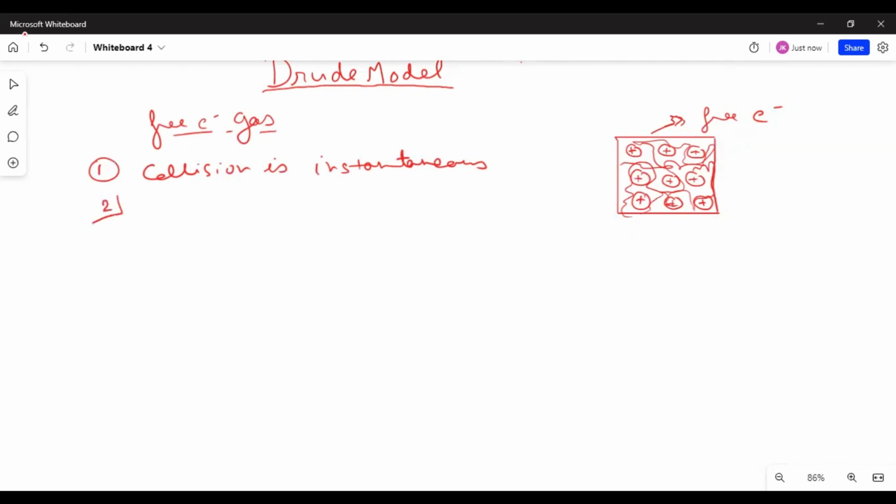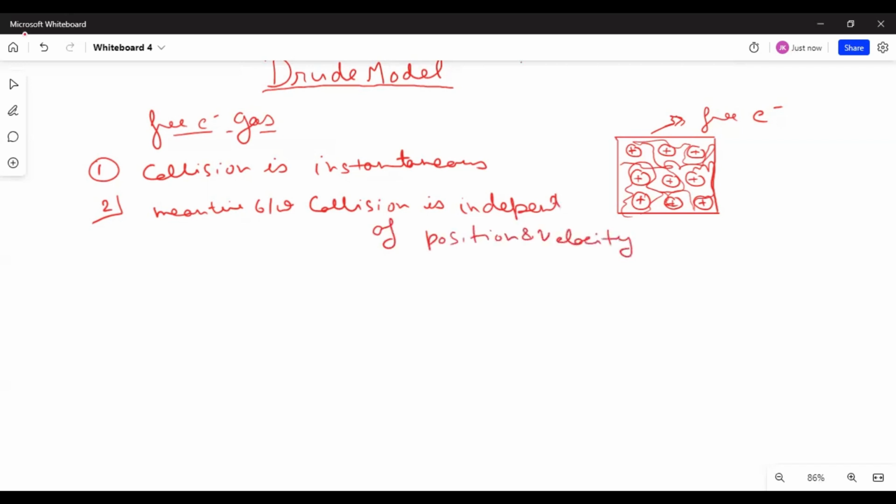And second is that the mean time between collisions is independent of the position and velocity of an electron.